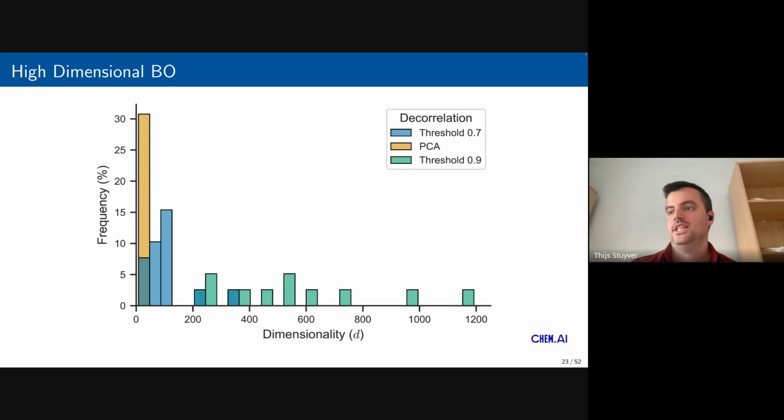And so you can easily get to several hundreds, sometimes even thousands of dimensions when you apply this threshold 0.9 approach, which is actually what is used by default in EDBO, for example.